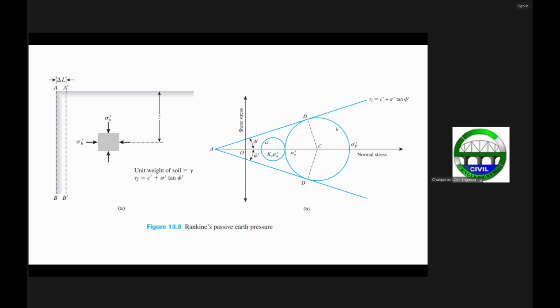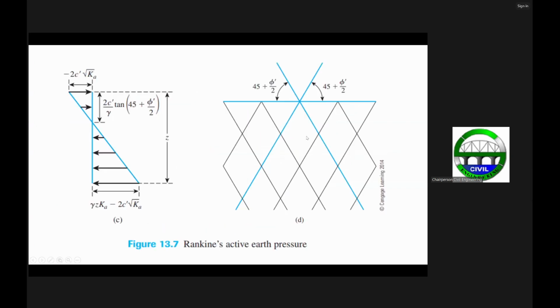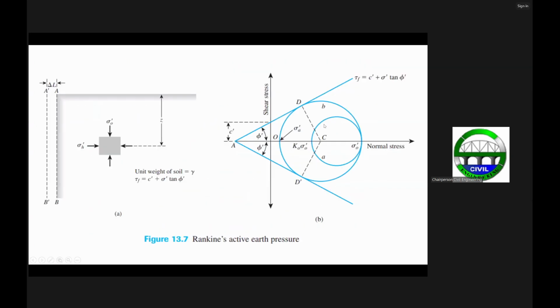So comparing now the Mohr diagram, or the Mohr circle, for the active and the passive earth pressure conditions. Again, at an at-rest earth pressure condition, you can consider here the Mohr circle A, just the same as what we have seen here.